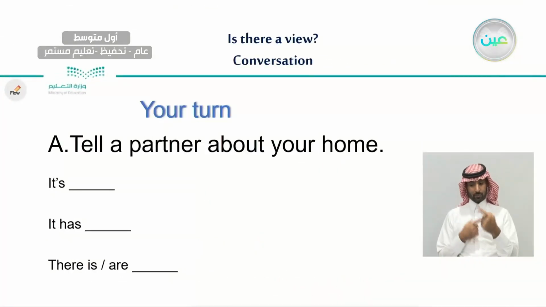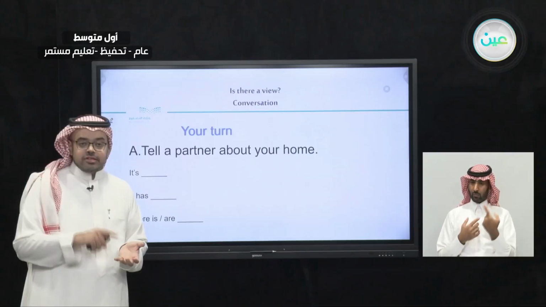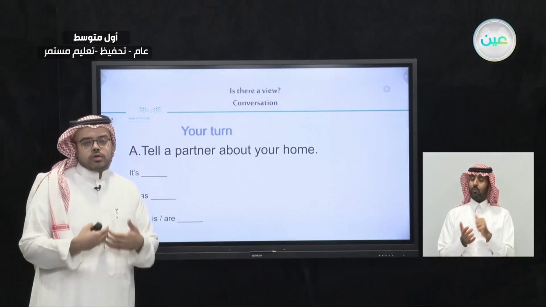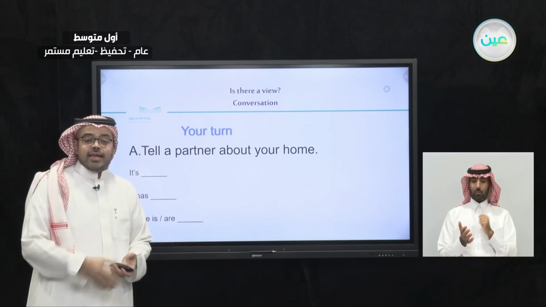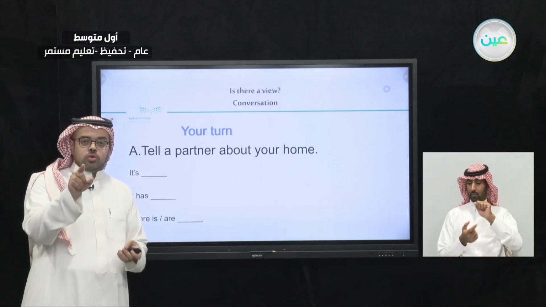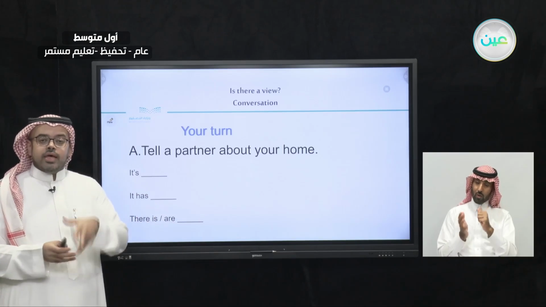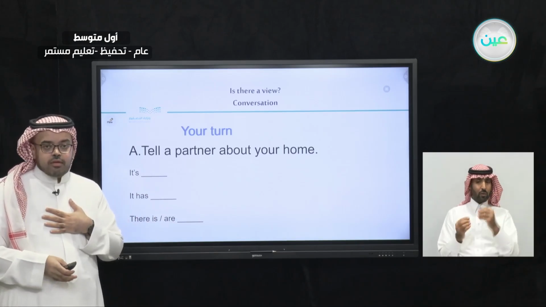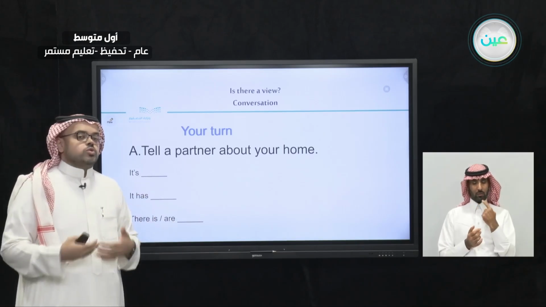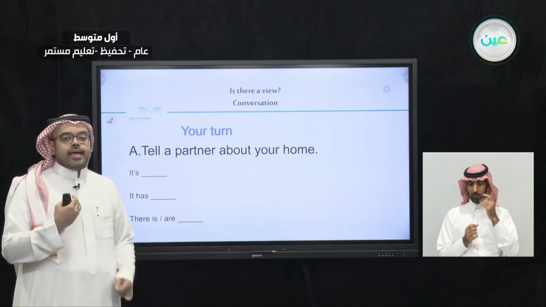Now, in this part, you have to tell a partner about your home. We have listened to Tom and John talking about their home, and now it is time for you to write or tell about your home. Let me give you an example for myself. Now I'm going to describe my home.